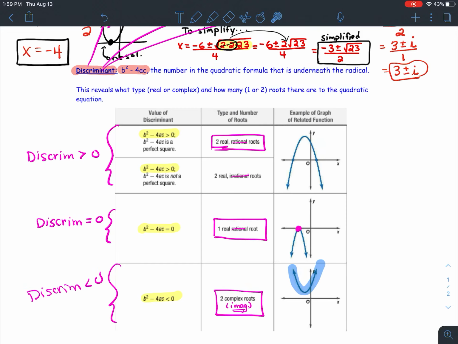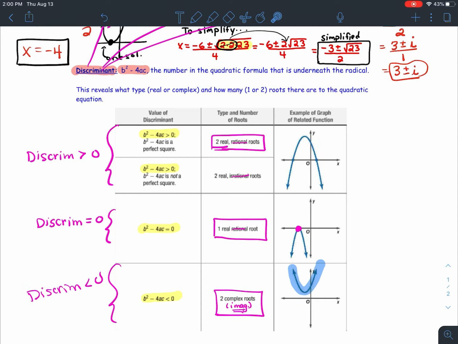But what I want to draw your attention to is how the graph looks when your solutions are imaginary. The graph doesn't show any x-intercepts. Now, in the past, before we learned about imaginary numbers, if our graph looked like this, then we would just say, oh, there's no solution. Well, technically, there are two solutions.